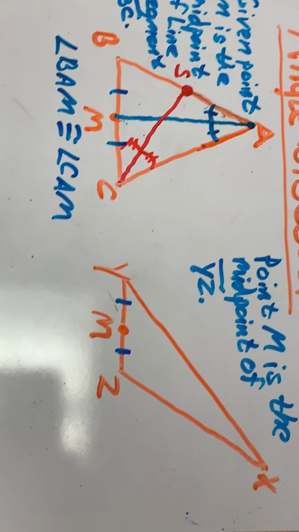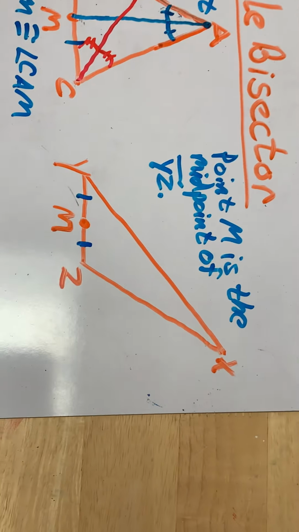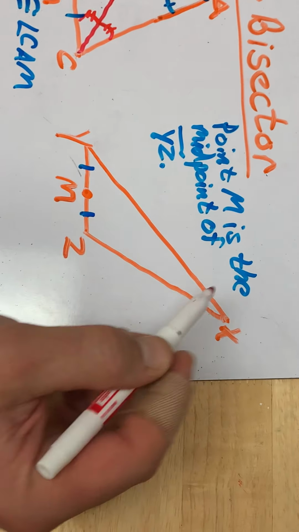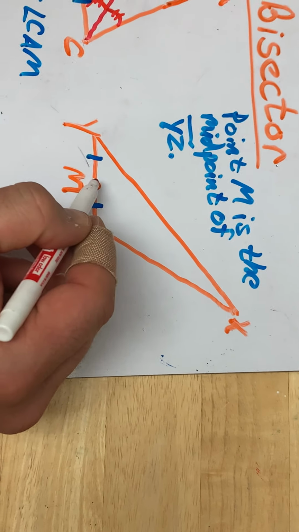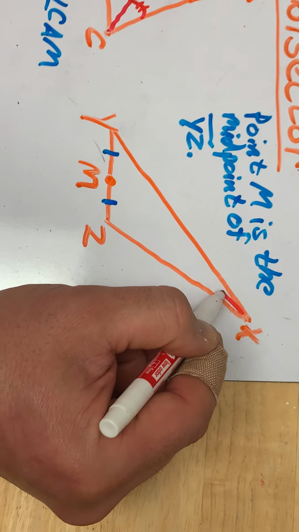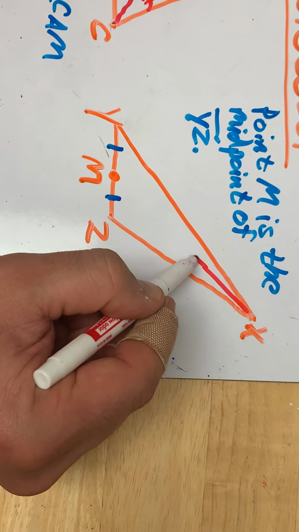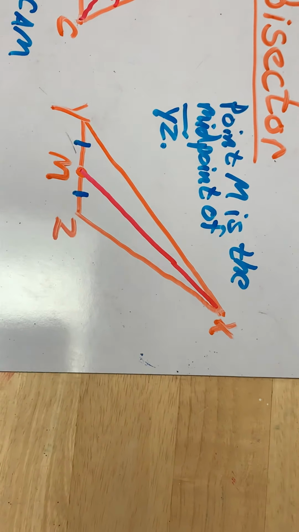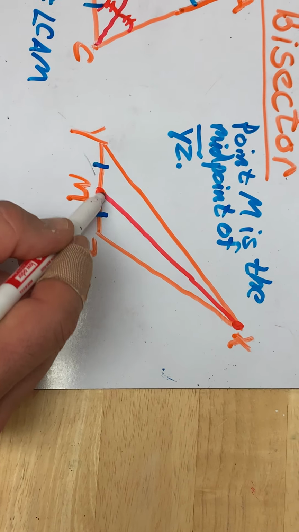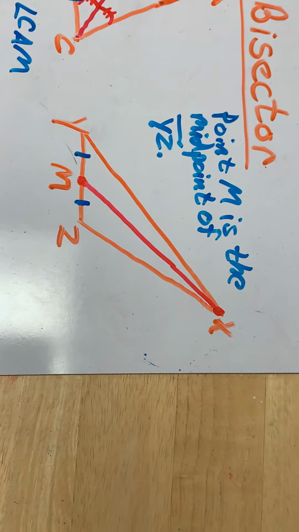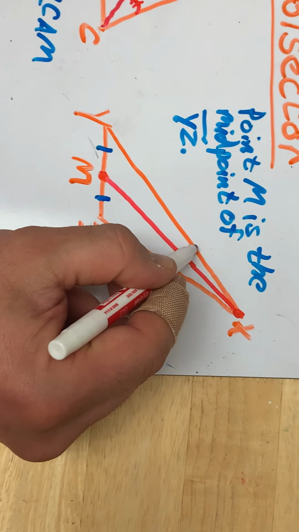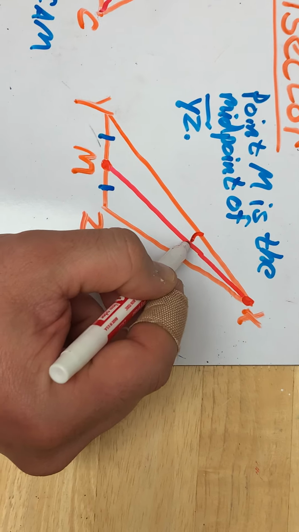Now, again, an angle bisector will cut this into 2 perfect halves, but it's going to be the angle opposite that side's midpoint. So we go up to angle X and identify line segment XM as the angle bisector, connecting point X to point M. So line segment XM is my angle bisector, and that means it cuts this angle into 2 perfect halves.